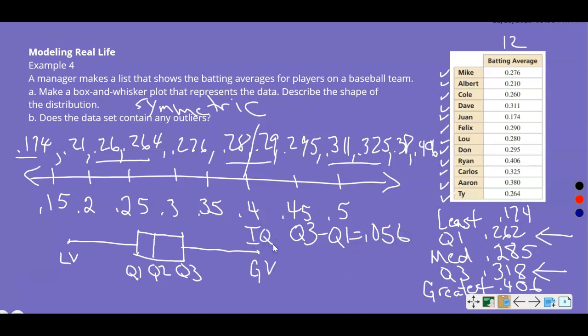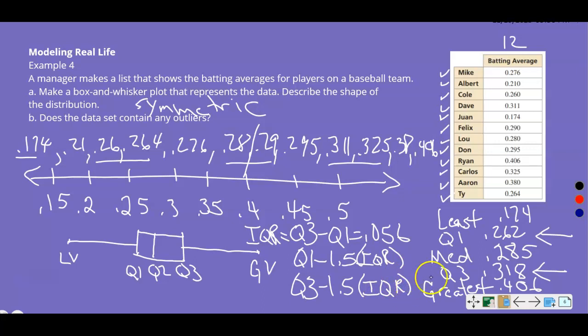Now, there's a formula that you need to know to find any outliers. So that formula would be Q1 minus 1.5 times your interquartile range. And then to find the other one, it would be Q3 plus 1.5 times the interquartile range. I'm running out of space very quickly, but your interquartile range is this number right here.